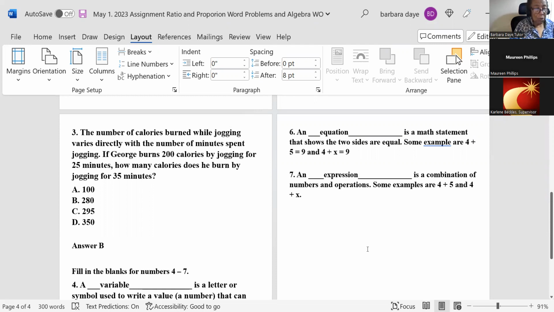Okay, now Maureen, we will look at converting the verbal expression or word expression to an algebraic expression or equation. You want to do both ways. Some will be equations, some will be expressions.